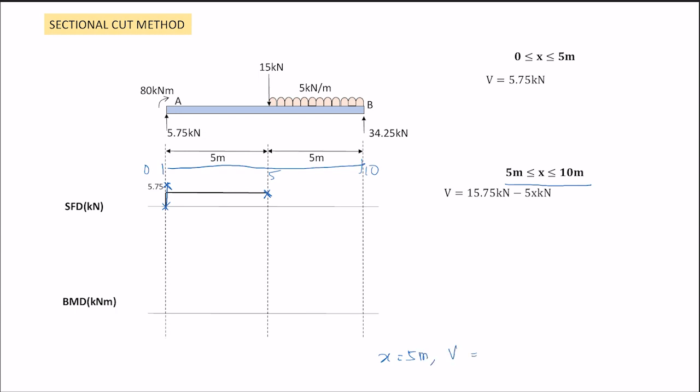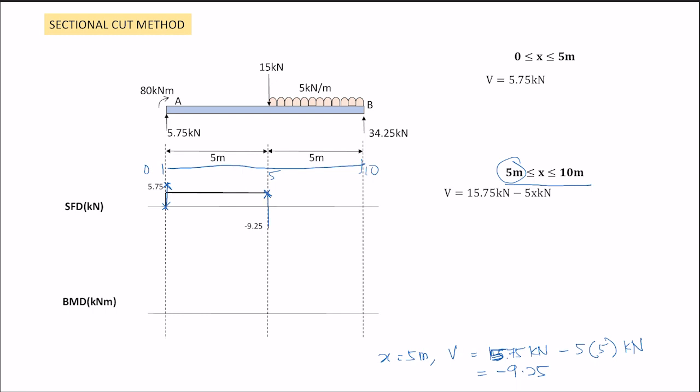V is 15.75 kilonewton minus 5 times 5 meter, the first boundary, kilonewton. Negative 9.25. So the difference is not 5. So you have to mark negative 9.25 down there.